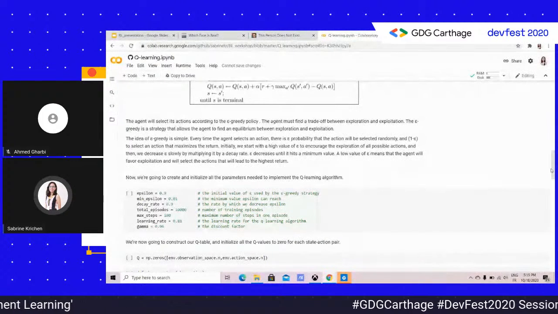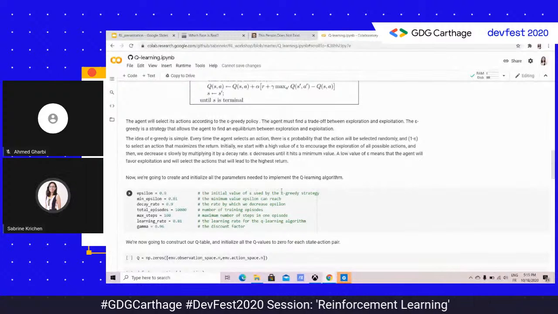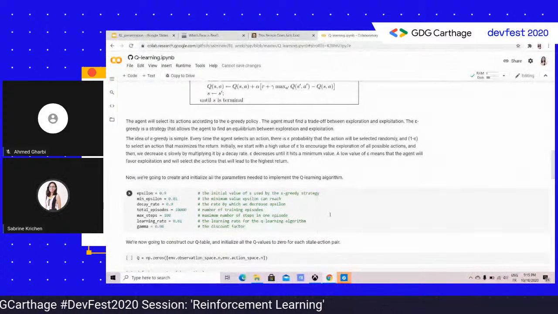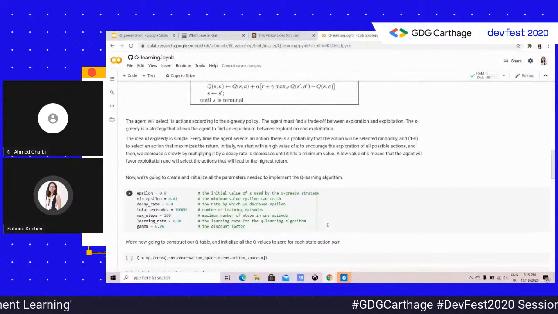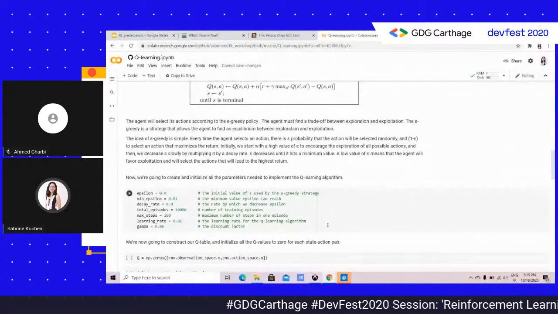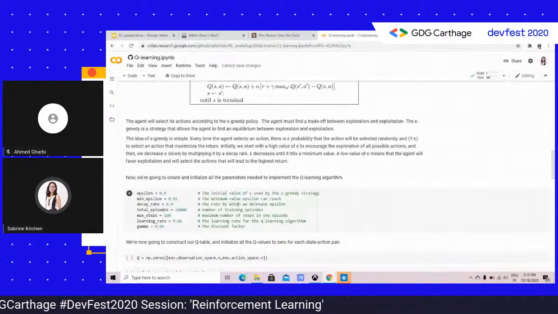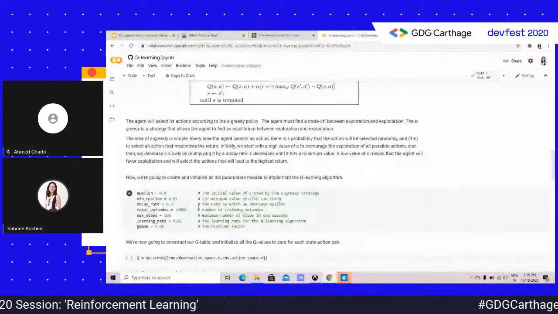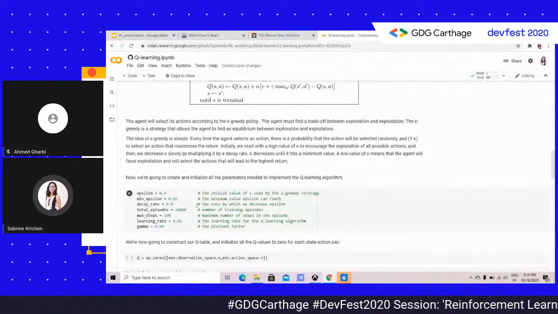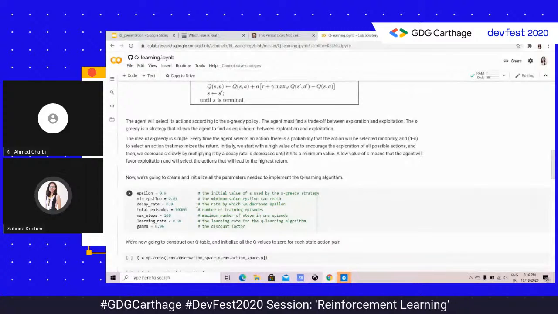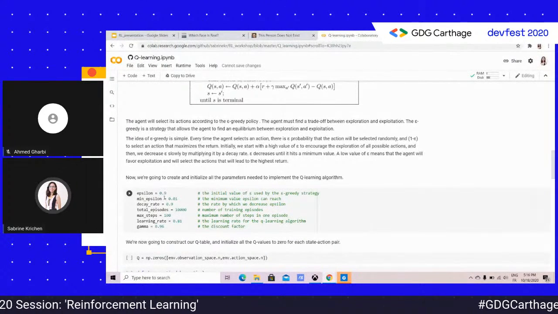First, we have the epsilon that I've already presented in the previous slides. We have also the minimum epsilon value. So we give the agent the minimum epsilon value that he will reach. As I've said before, we will reduce this value of epsilon, and this is the minimum value that the agent can reach.